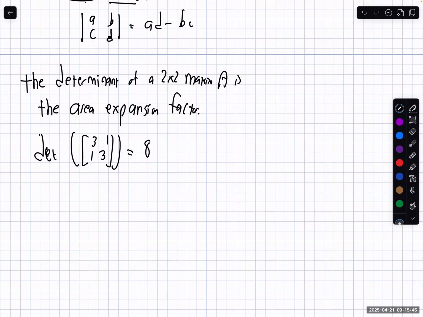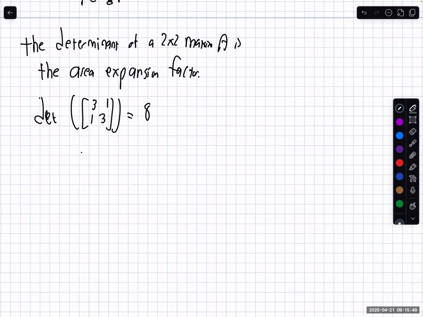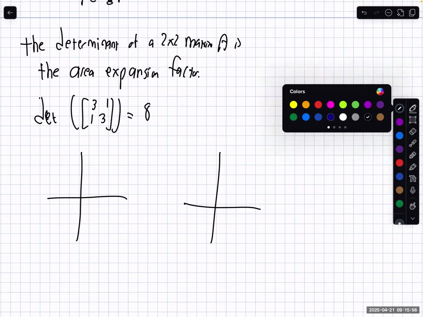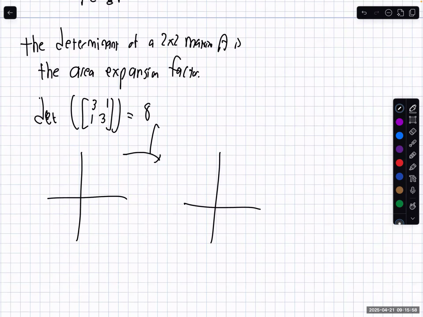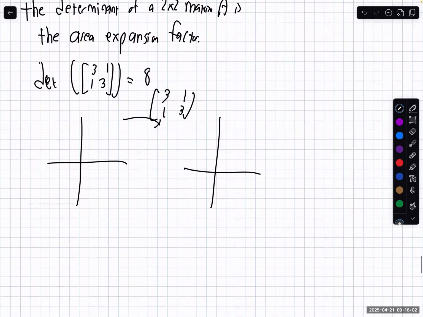Okay, so we just saw the determinant of this is 8. So let me do another example. So here's the unit circle.